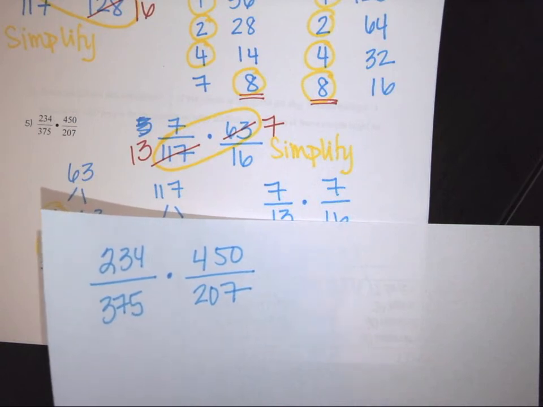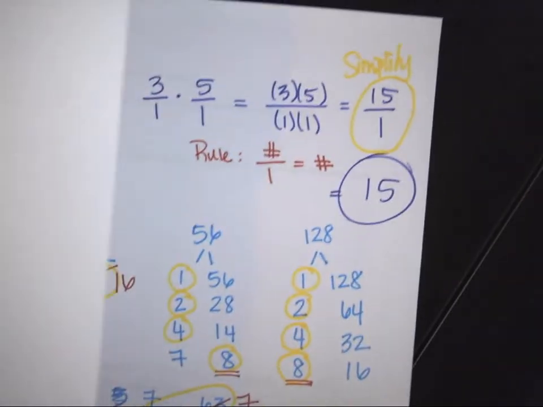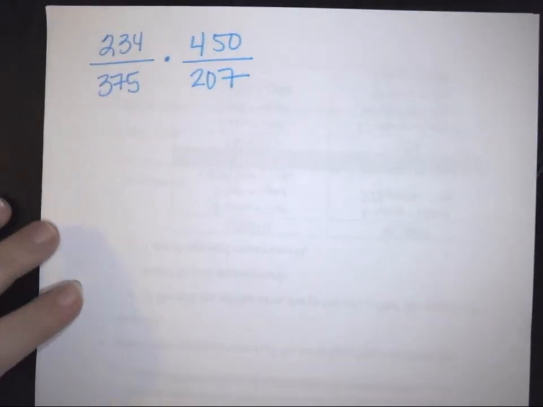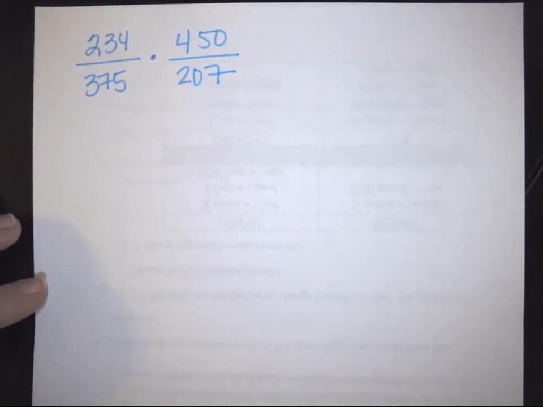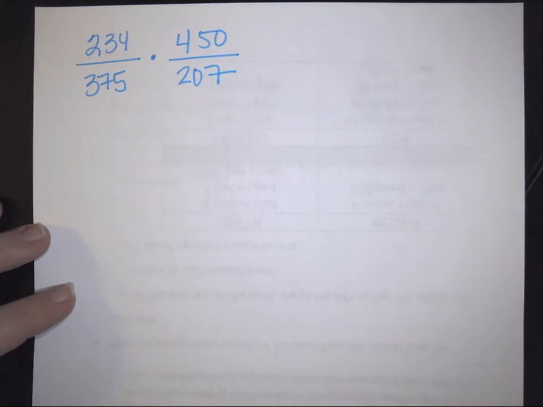So, let's go ahead and get started. We got some pretty big numbers. That's okay. We're just going to do the same thing that we just did on the other 4 problems.